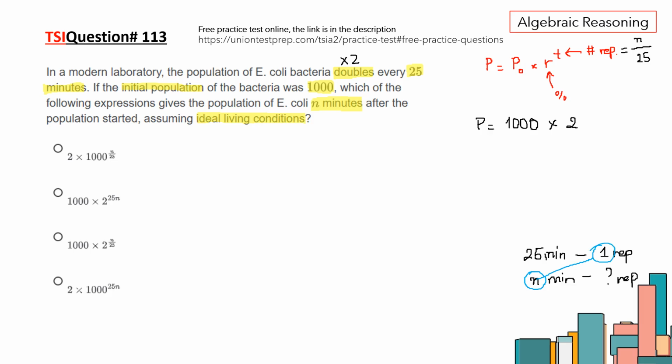So the number of replications, t, equals n divided by 25. And then we have the answer: 1,000 times 2 to the power of n divided by 25.